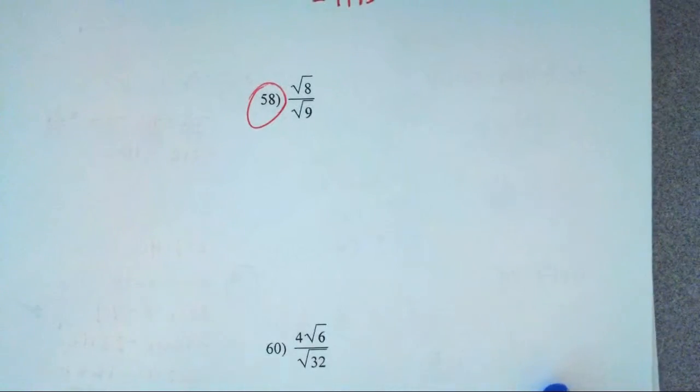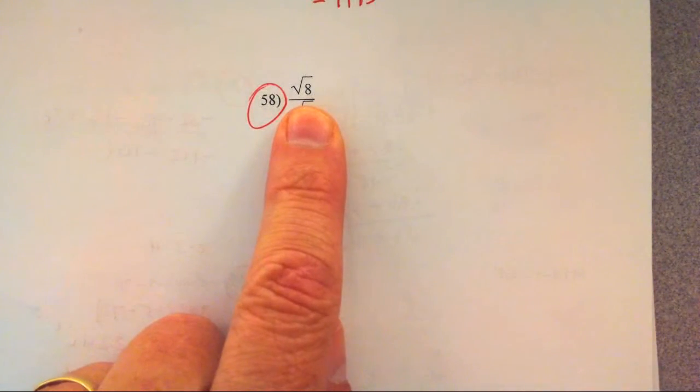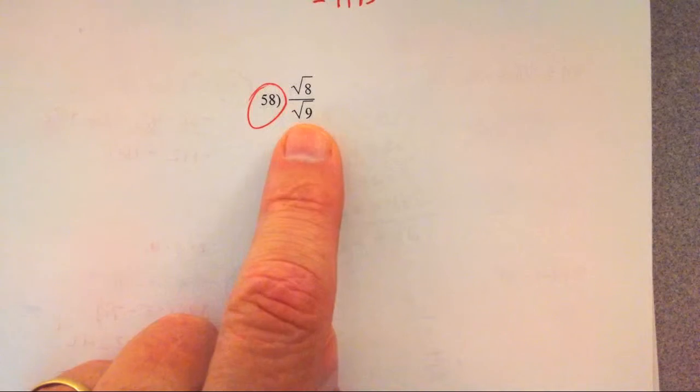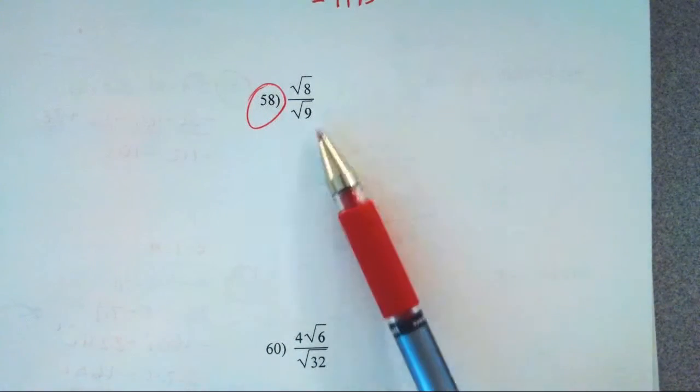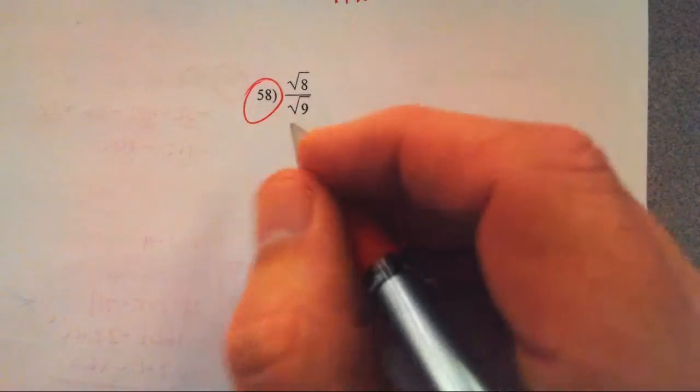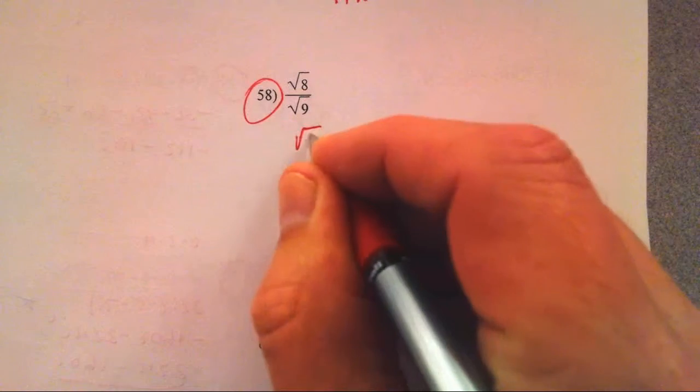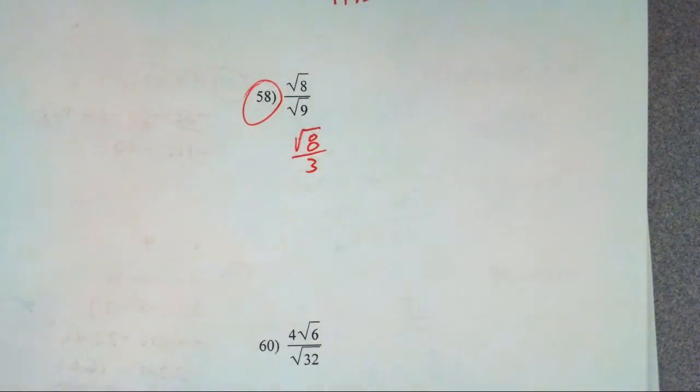Jailbreak. Well, I know I can jailbreak this 8. I can get a 4 out of there. And what I refer to as the V8 moment is where you thump yourself in the head. Oh man, I started jailbreaking 9 and it's just 3. It's just a perfect square already. So maybe the first thing I would do would be square root of 8 on 3. And that's a good answer. But you're not getting full credit for that.